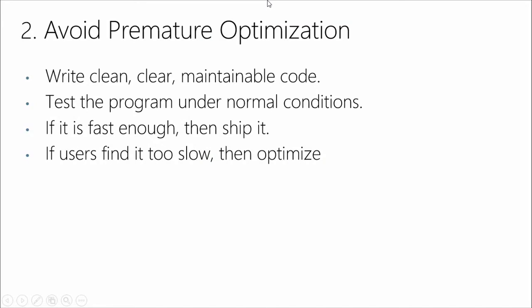Next common pitfall is avoid premature optimization. Now, you should always write clean, clear, and maintainable code. This is really a good practice, right? Now, like I said in the beginning, in the process, you should set up your performance criteria so that you know your criteria. But make sure you test it under your normal production environment. Do not try to think about a really extreme case, right?